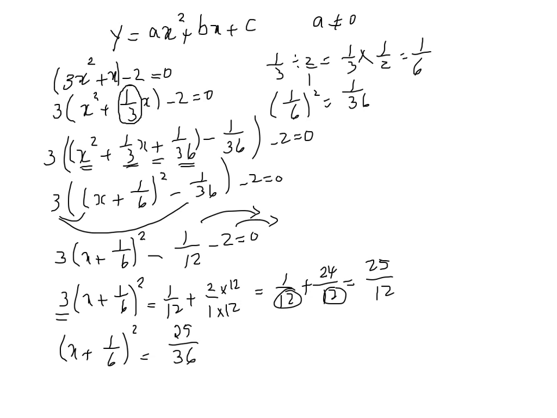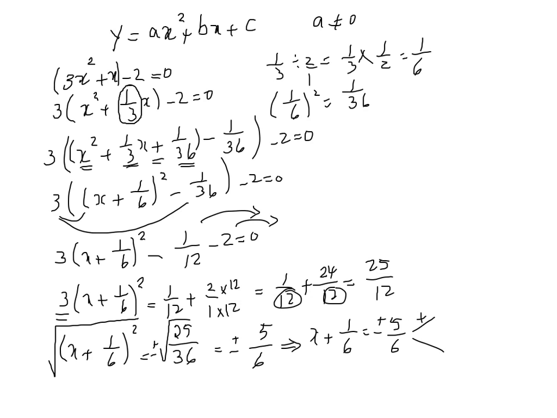Now, we know the opposite of square is square root, so I take the square root of both sides. But remember, the square root of 25 over 36 is plus or minus. Now, the square root of 25 over 36 is going to be 5 over 6. So from here, I get x plus 1 over 6 is plus or minus 5 over 6.